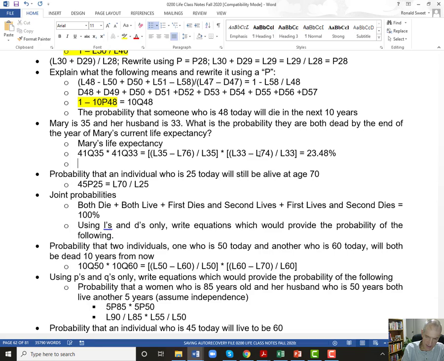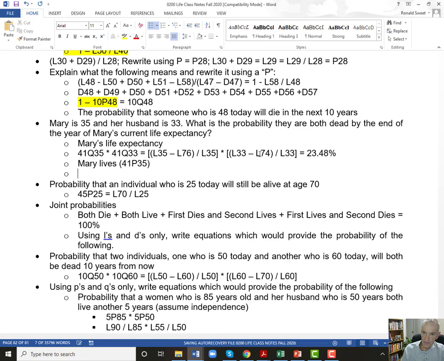Now here you've got to be really, really careful. You cannot say 41p35 times 41p33 does not equal 1 minus 41p35 times 41p33. Those are not the same thing. So here we'll practice this a little bit, but there are 4 scenarios here. You've got Mary lives, that's 41p35.